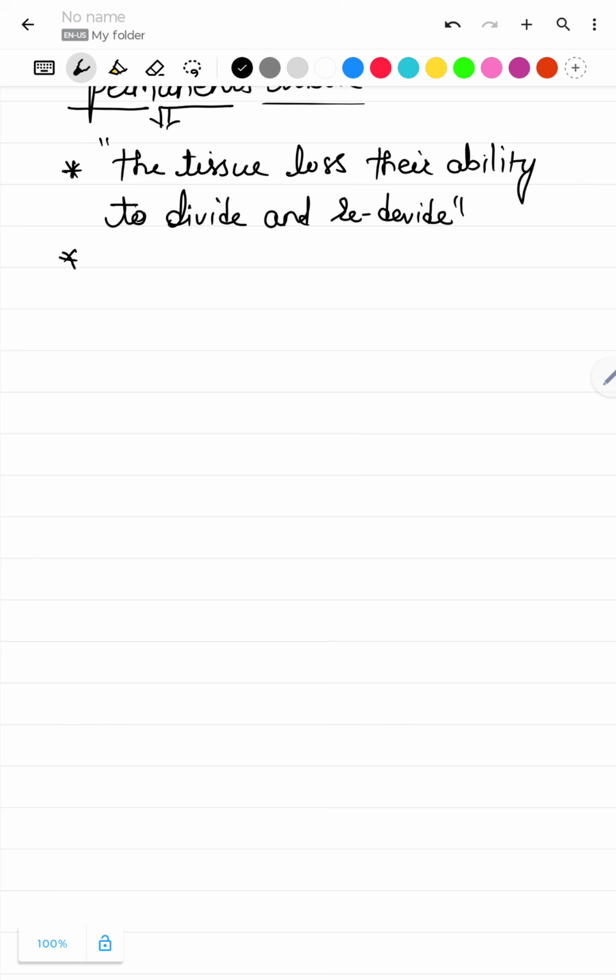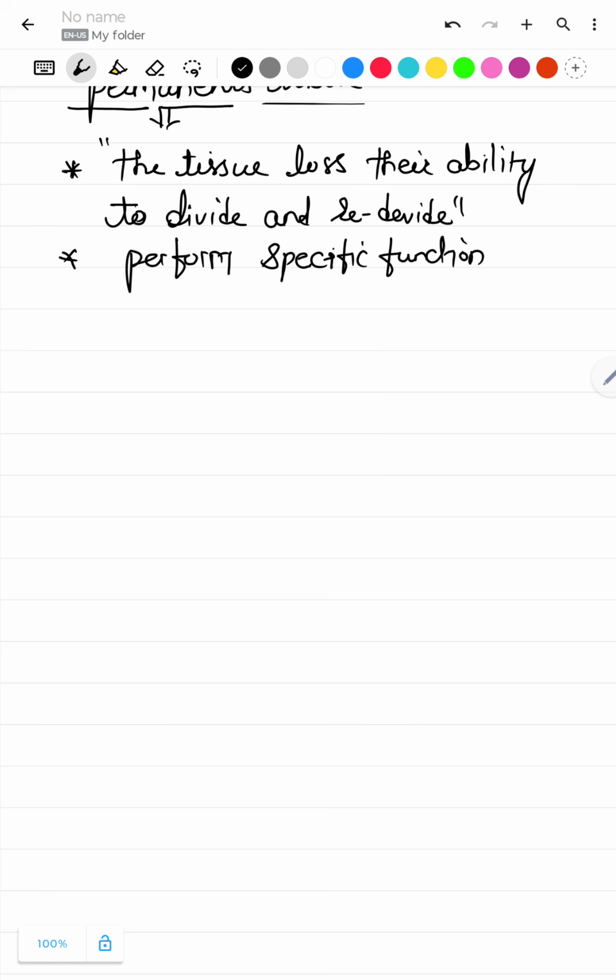Such a tissue performs a specific, particular function. So such a tissue is called permanent tissue.